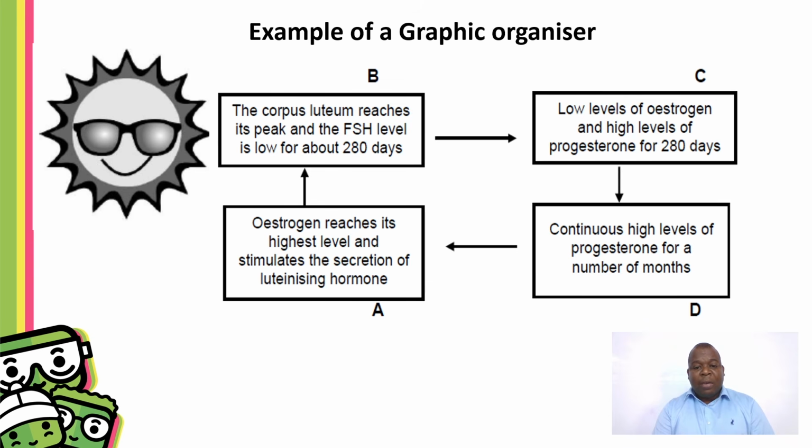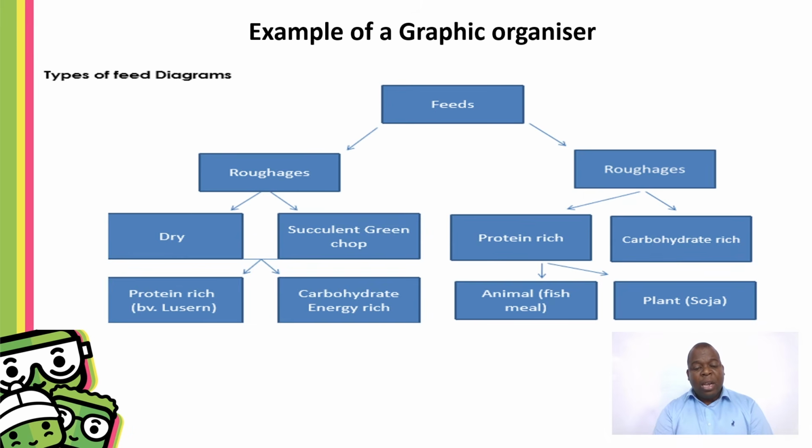What is it that is involved? You may be given this and you are asked to label which one takes place first and which one comes second and how the cycle goes. So this may be given in an exam and you're supposed to be comfortable in working around graphic organizers. You're supposed to know what is involved in all these processes that we have discussed in the questions.